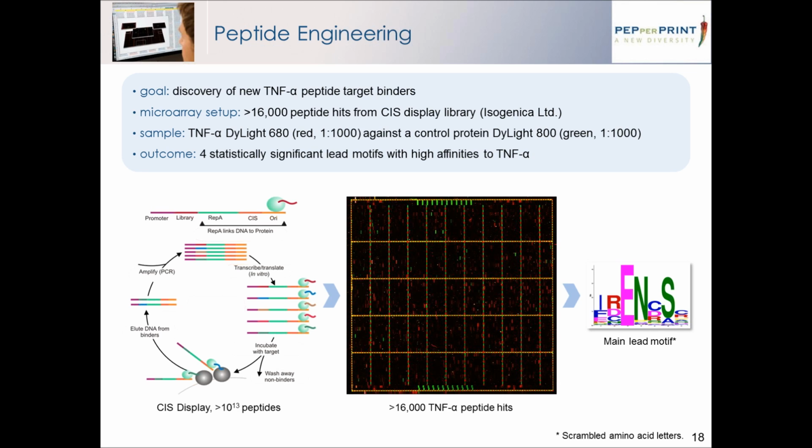They performed several rounds of affinity-driven selection and ended up with 16,000 peptide hits.